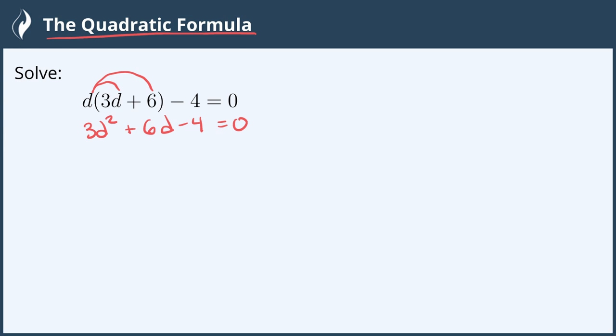The quadratic formula is x equals negative b plus or minus the square root of b squared minus 4ac all over 2a. The a, b, and c come from the quadratic equation going in descending order.